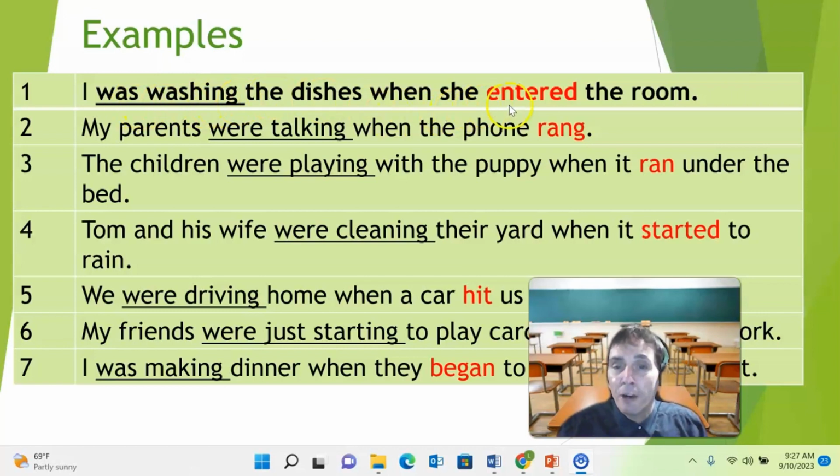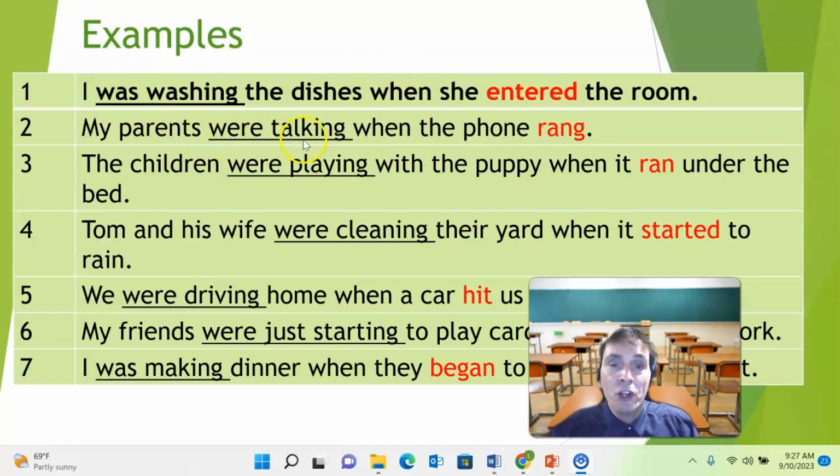The other verb, the one that happened second, is going to take the simple past. So here we've got past continuous, simple past. So we've got I was washing, and then we have entered.